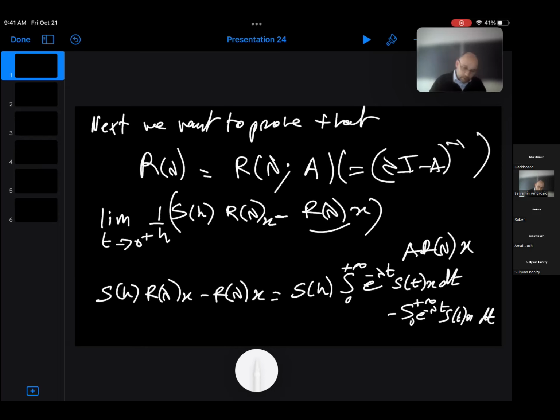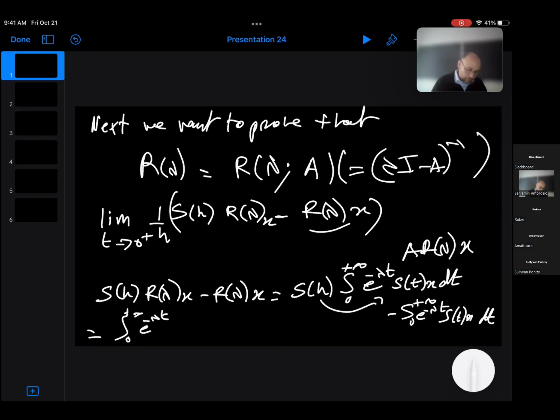First I can put the S(h) inside, so this will be equal to the integral of exponential minus lambda t times S(t+h)x dt minus the same thing.